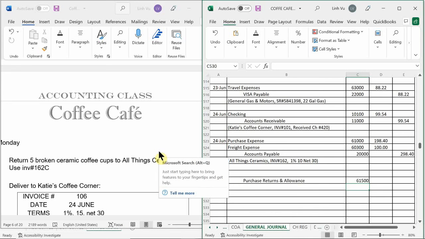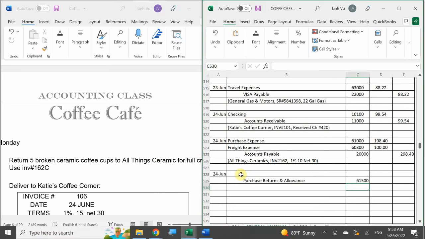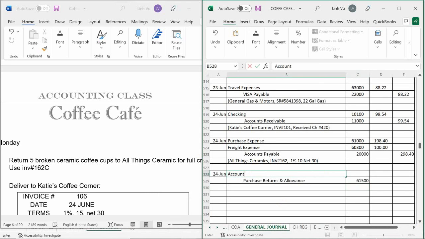Because in this case, like I mentioned, we never paid All Things Ceramics. So they can't give me money, right? In this case, they're going to reduce your invoice because this is what we charged you. So we're going to apply this credit to the invoice, so then you pay less. We're going to issue you another invoice that says this is how much you actually owe now. Okay? So in this case, I am going to decrease what I owe.